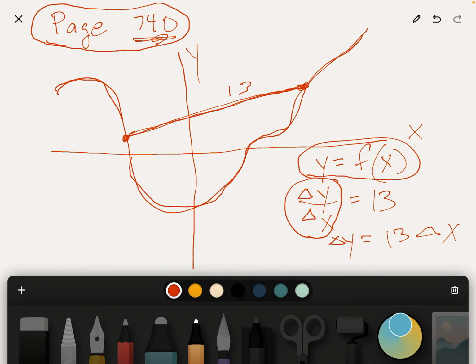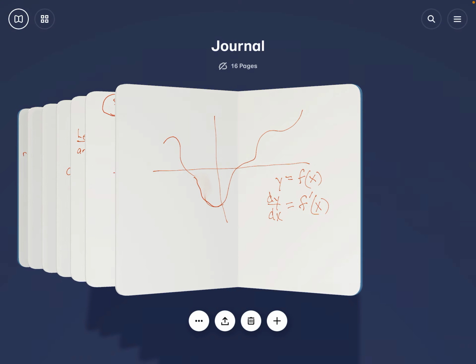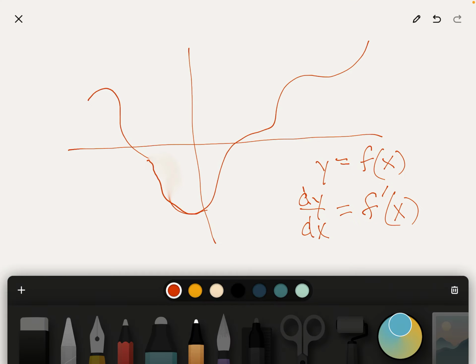So the next step is on the next page. Instead of talking about delta y over delta x, we define a ratio of dy over dx.